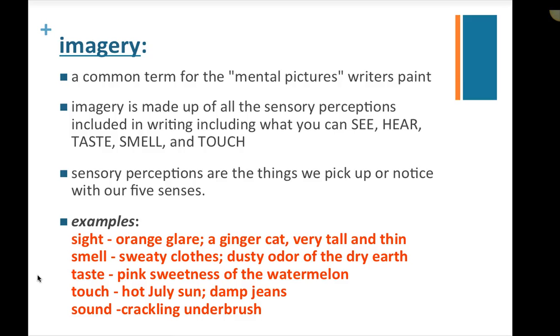The pink sweetness of a watermelon, that would be taste imagery. Hot July sun or damp jeans after you've come in from the rain, that would be touch imagery. And crackling underbrush as you walk through the forest, that would be sound imagery. So take a minute and fill in any blanks on your handout under the imagery definition, and we'll move on.